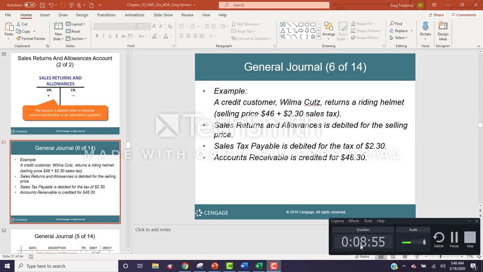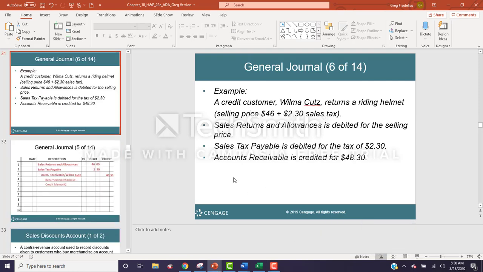Moving forward, let's take a look at this example. I don't always use these examples from the PowerPoint, but in this case, this happens to be a very good example. Wilma Cutts returns a riding helmet. The selling price was $46 plus $2.30 sales tax.